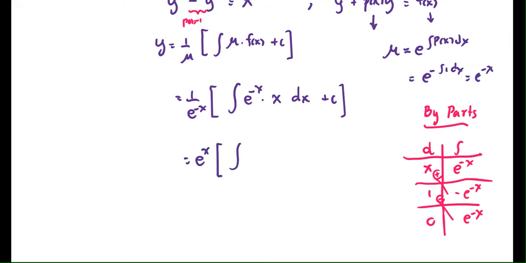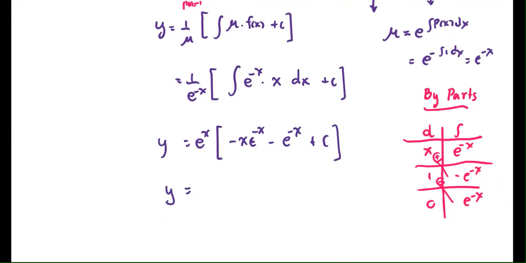Okay, just clean up a little at a time. So now the integral sign will be gone. Now we have negative x times e to the negative x minus e to the negative x plus c, or the solution y in the general form is negative x minus 1 plus c times e to the x, sorry.